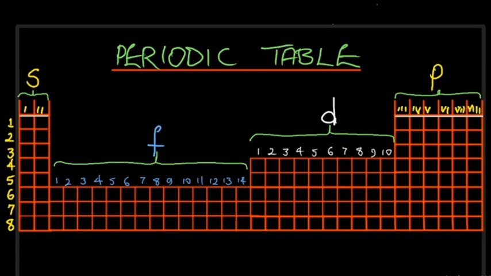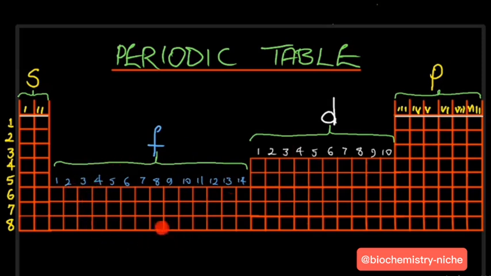You can see right here that we have the S block, we have group 1, group 2 in our S block, and then here we have our P block from group 3, 4, 5, 6, 7, 8. This is our P block. We have the D block as well here, which is the transition element, and then we have the F block here, which is the inner transition element. So if you look at it now, the D block element starts on period 4, while the F block element starts on period 6.